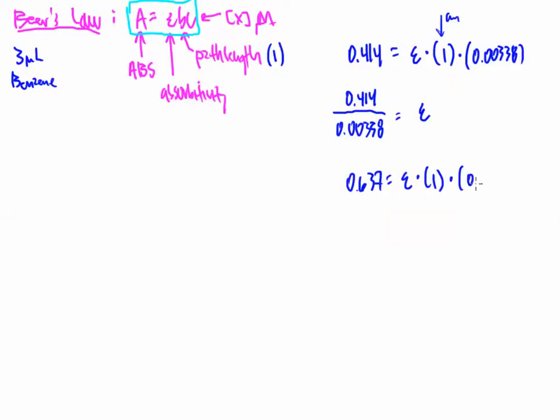You might have gotten something different, but that's what I got here. I set it up the same way: I take my absorbance and divide it by the molarity of the solution I made, and this gives me my molar absorptivity.